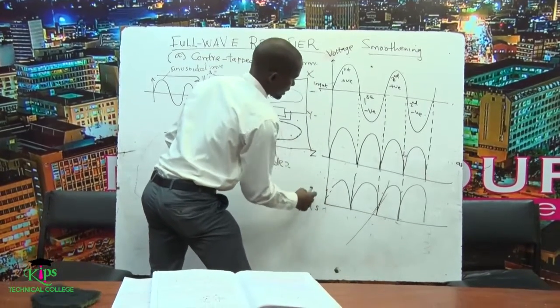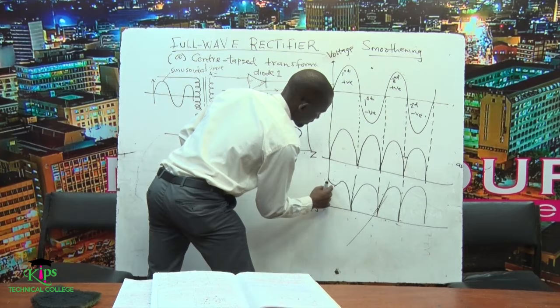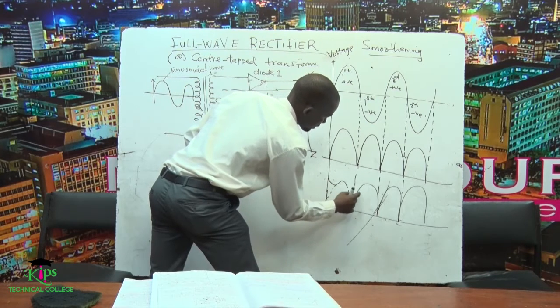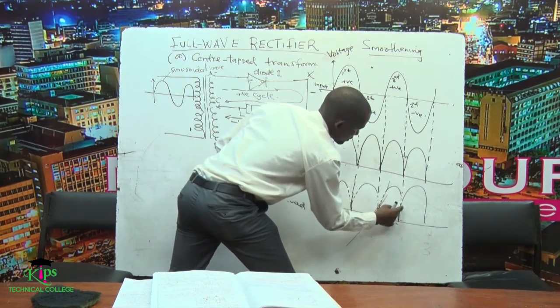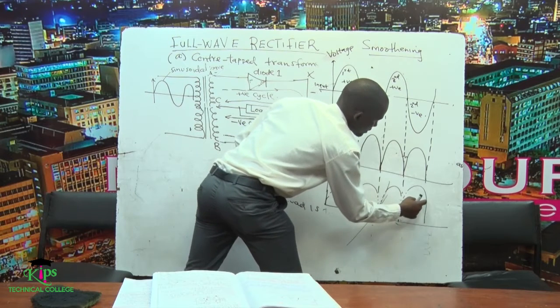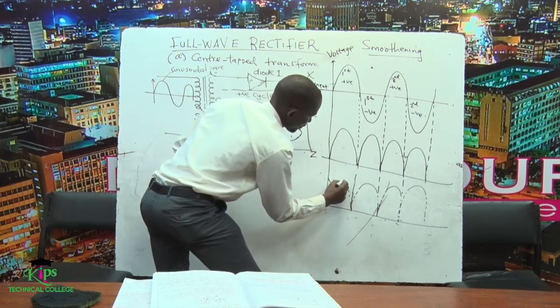But because we have connected a capacitor, you will be able to identify something of that kind. These ones are drawn in dotted lines.